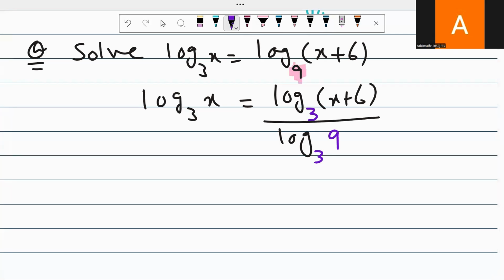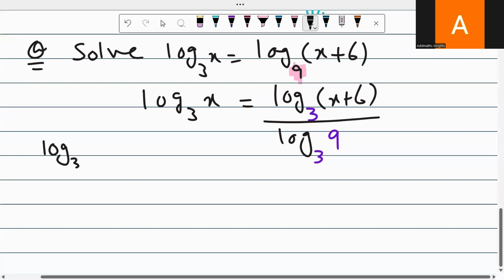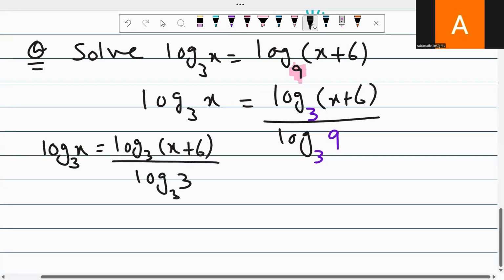Now we apply further laws of indices here. You can write here log 3x is equal to log 3 x plus 6 over log 3 square. 9 is equal to 3 square.